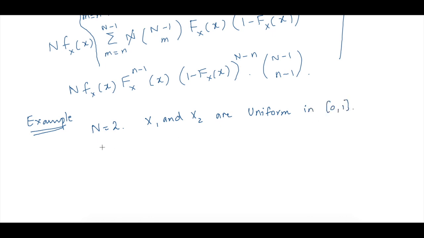Okay, so what is f of x? f of x is equal to 1 if x is in 0 to 1, 0 elsewhere.